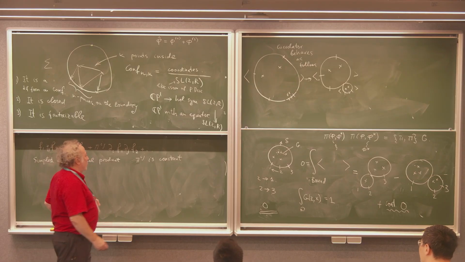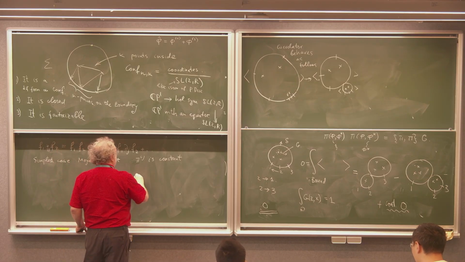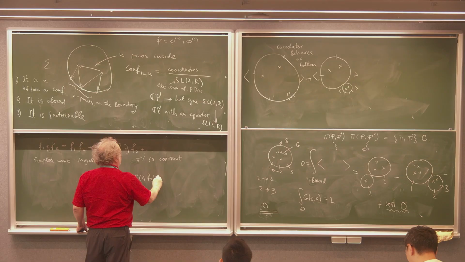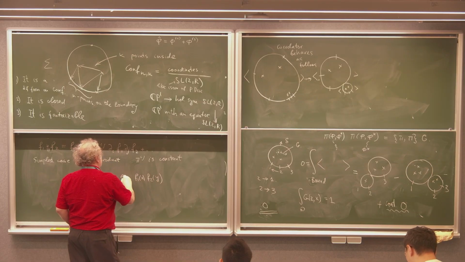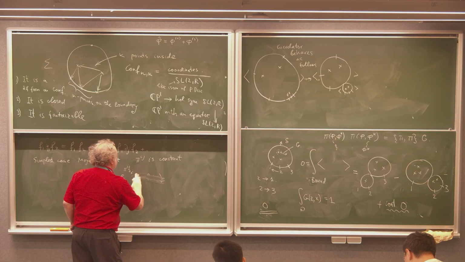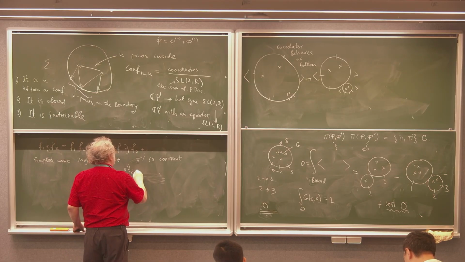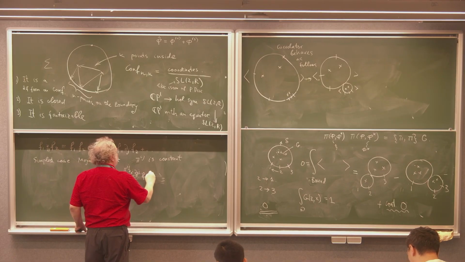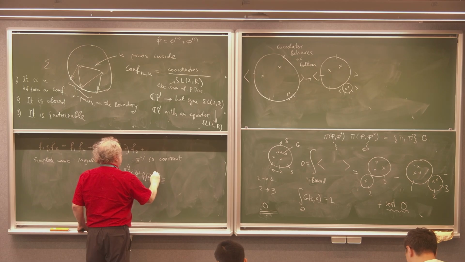And the Moyal formula is known: d_{x^i} d_{y^j} acting on f1 of x, f2 of y.